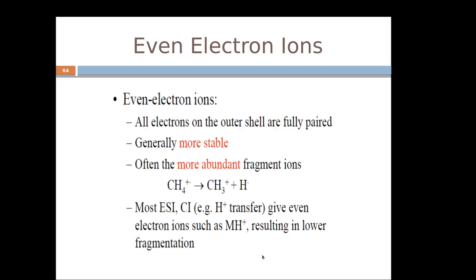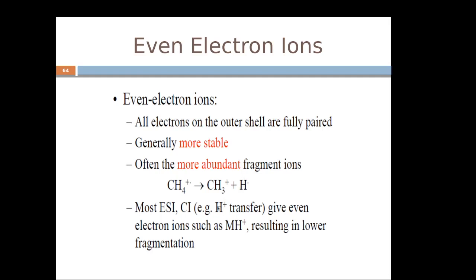And these radical cations could further undergo fragmentation to more stable even electron ions such as cations. Okay, for example, here the methyl radical cation undergoes fragmentation to form a methyl cation and a hydrogen radical.